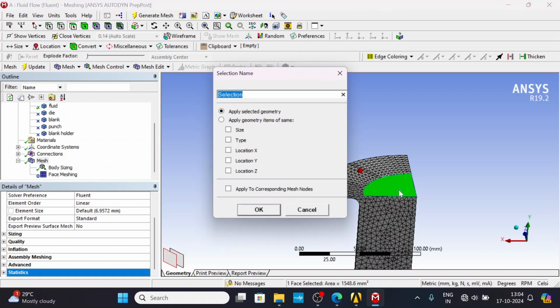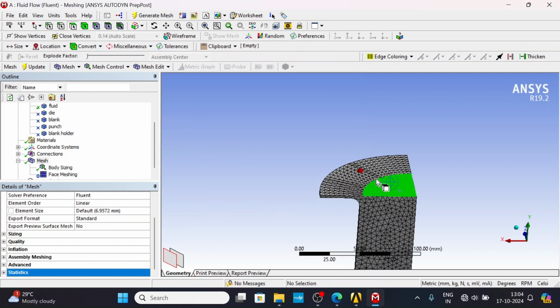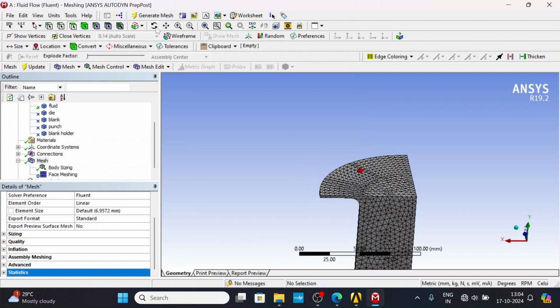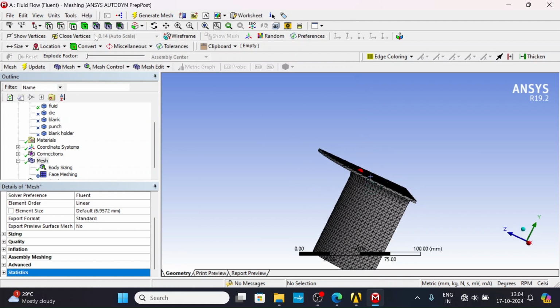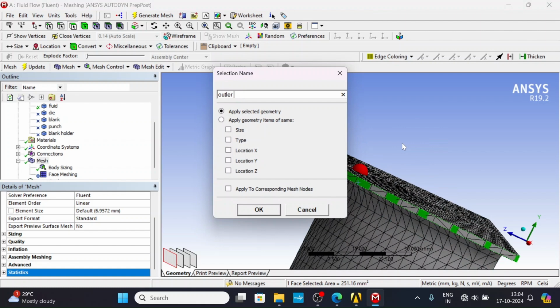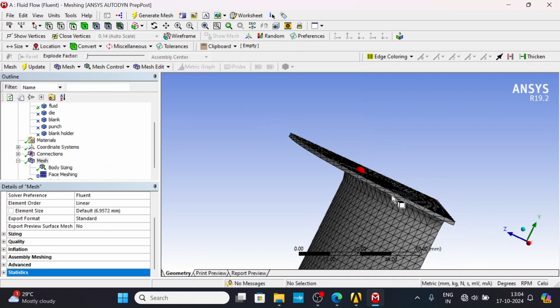So this is the inlet part. I'll say inlet region, that is where the punch contact will be. And this one is the outer region. This one is the outlet, a small 2 mm outlet.